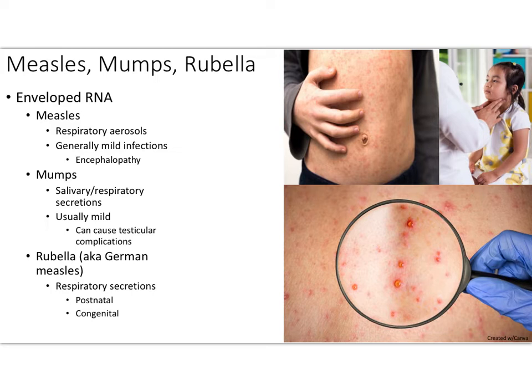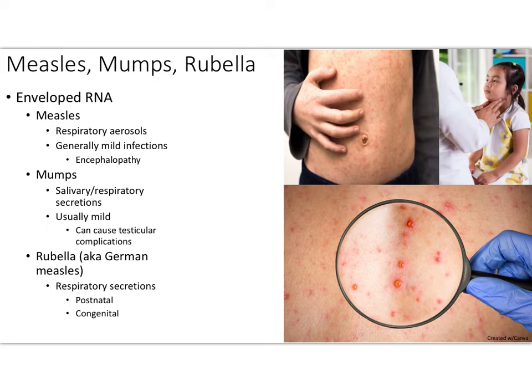That means when people cough or people sneeze, they will spread this virus to other people. And one thing to understand about measles is that it is one of the most infectious viruses in the world. So it is spread through the air very easily. It doesn't require a very big exposure to actually get sick from measles, and it is quite easy to pass from one person to another.